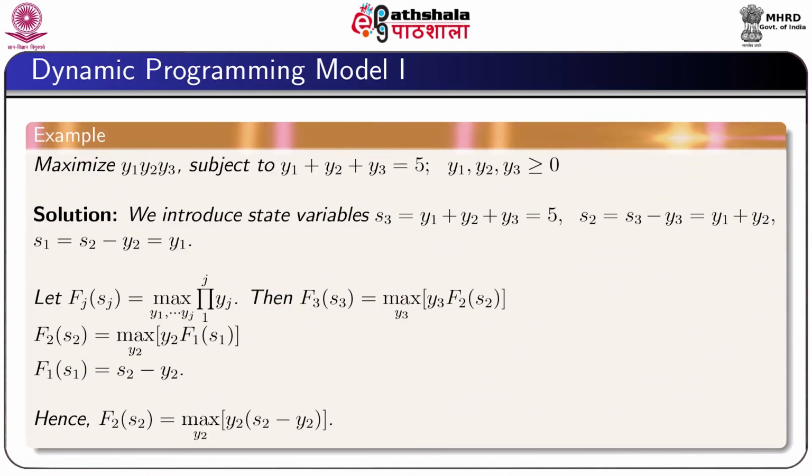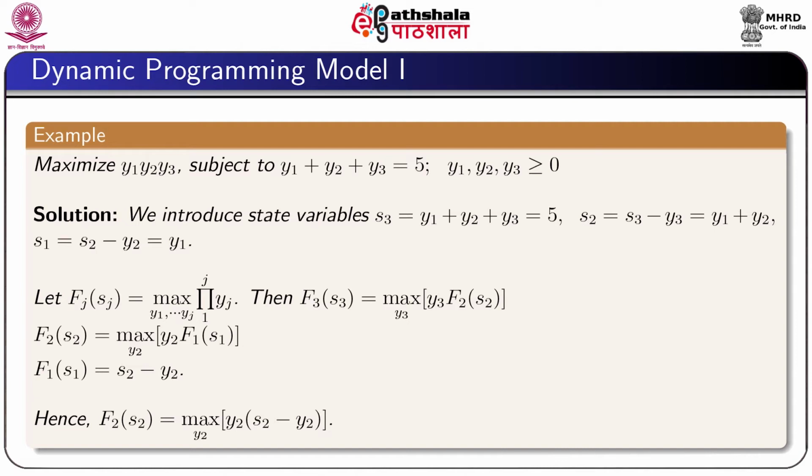Let us consider an example. Find maximum of Y1, Y2, Y3 subject to Y1 plus Y2 plus Y3 equal to 5, which is a single additive constraint, and Y1, Y2, Y3 are all greater than or equal to 0.